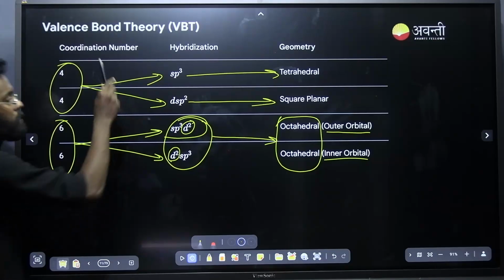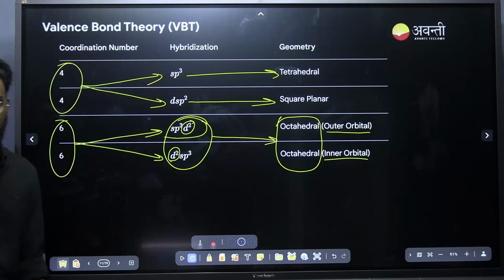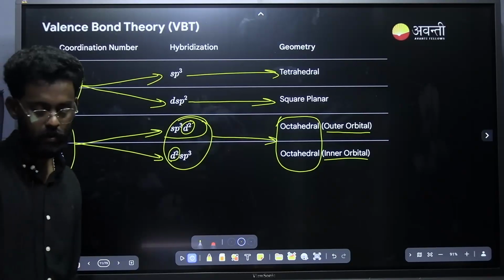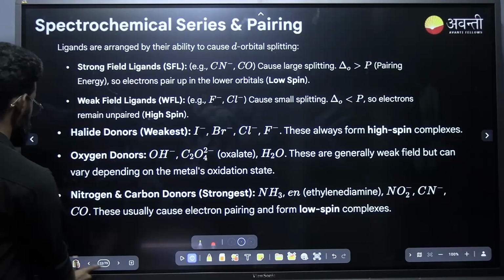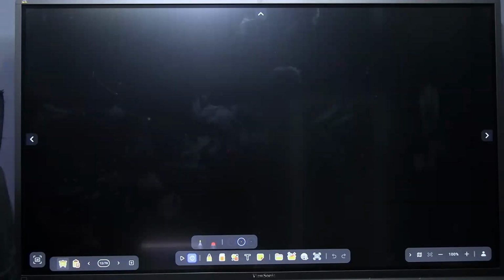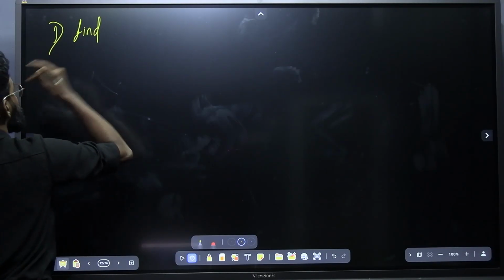Now we will be finding the hybridization, and thereby we can easily find out the geometry. Got it, students? I am just giving you a few examples. Find out the geometry and hybridization of the following, and some exceptions are also there, that I will be adding.